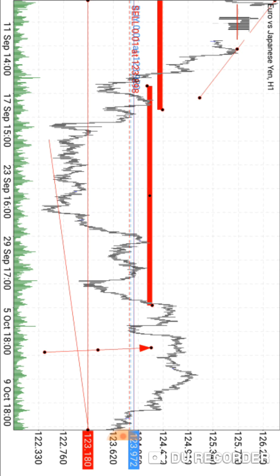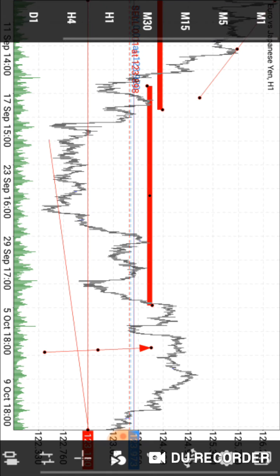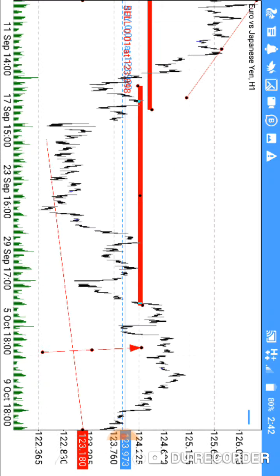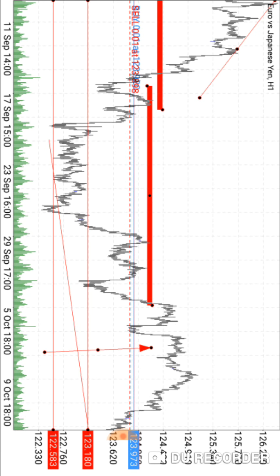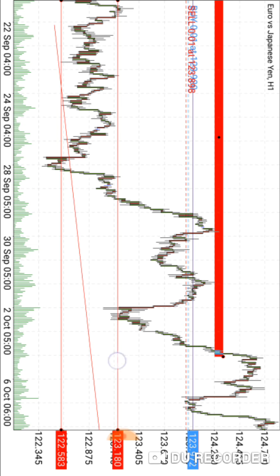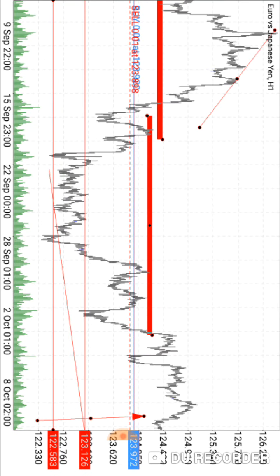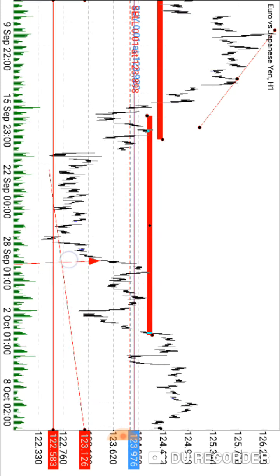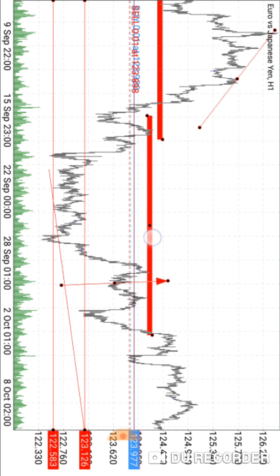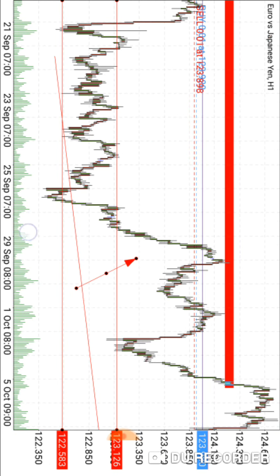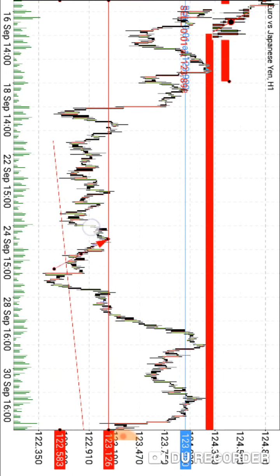I can also note something around there. I can see a block order again in this area. Let me zoom in so that we all see what I'm trying to talk about. Okay, good. You see a block order here. This is a ranging market.